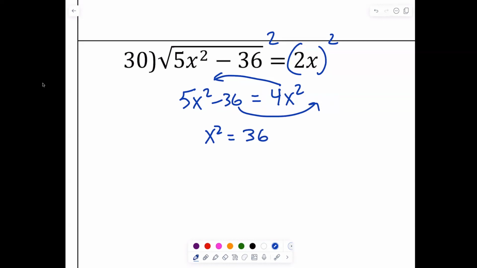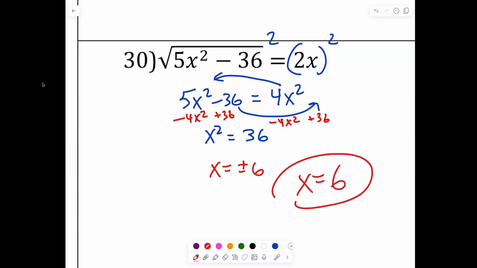I subtracted just for you, I did minus 4x squared. And I added 36. Thank you. So now, Miss Rollins, when I say x equals plus or minus 6, is there an extraneous solution here? Yes, because your square root can't be negative. So the only answer is what? 6. 6 is the only answer.